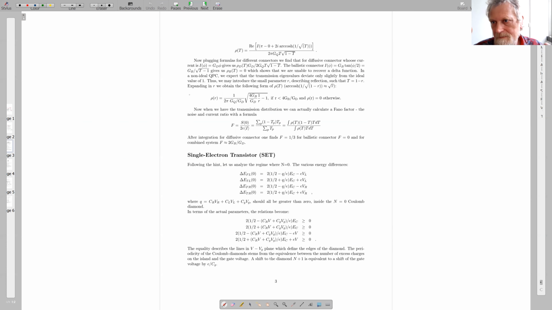Right, then again several small approximations come into play. If phases are closer to pi, it means that t has to be close to 1 as well. And we'd better talk about deviation of t from 1, about small reflection coefficient.